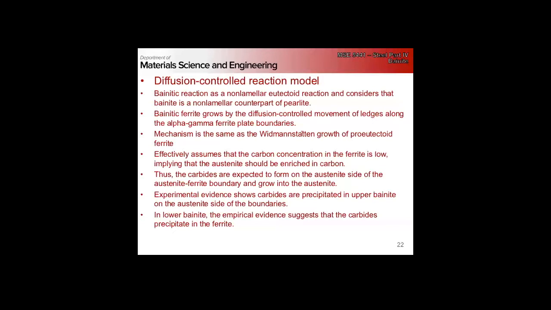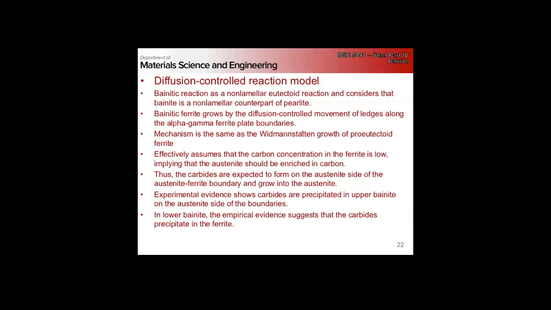Eventually that carbon level, just like in pearlite, gets to a high enough level that we nucleate carbides, very similar to the quiz question today, with the nucleation of cementite and ferrite. And so if that's the case, the carbides are nucleating and growing in the austenite, so the carbide should precipitate on the austenite side of the ferrite-austenite boundary, right? And for a lot of upper bainite, we see that that is the case.